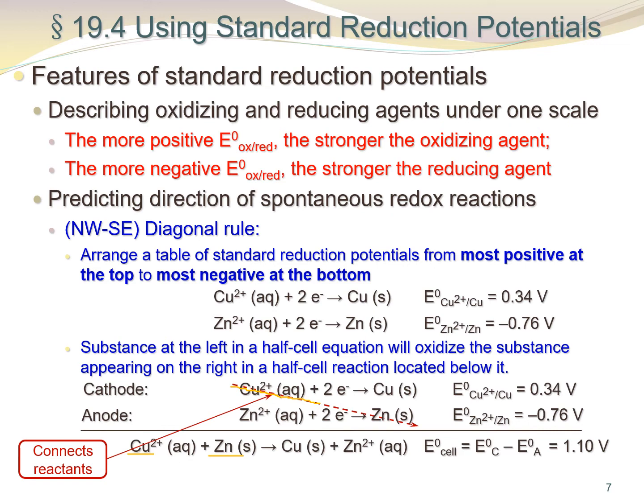Of course, one must be the oxidizing agent, one must be the reducing agent. From this picture, the one on the top must be the oxidizing agent because it has a higher reduction potential. The one lower must be the reducing agent because it has a smaller value or even a negative value of reduction potential, meaning the oxidation is actually probably preferred.